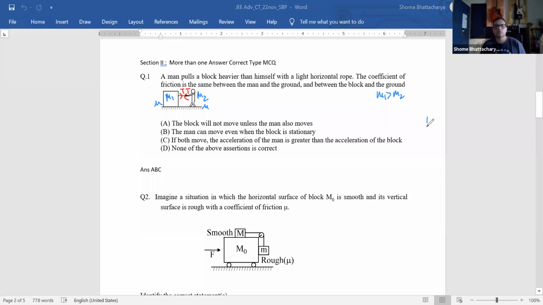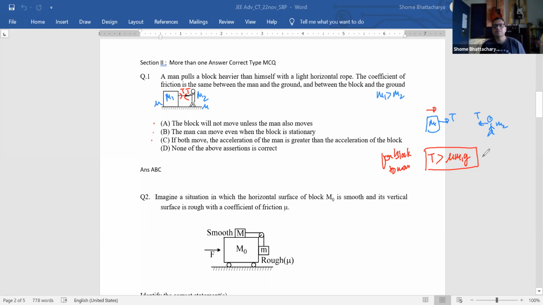So on the block and on the man, there are forces like this. Now suppose the block moves. To understand all these options, you have to assume that suppose the block moves, then for the block to move, T has to be greater than mu m1g.